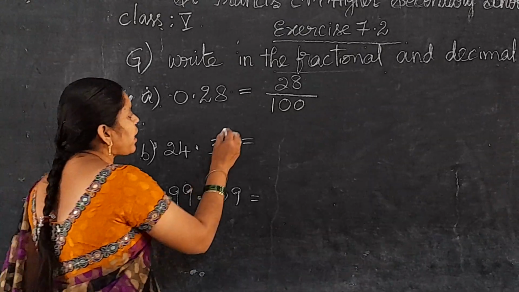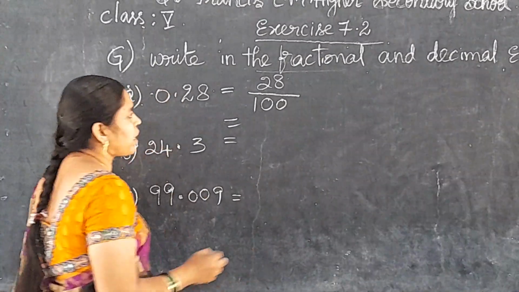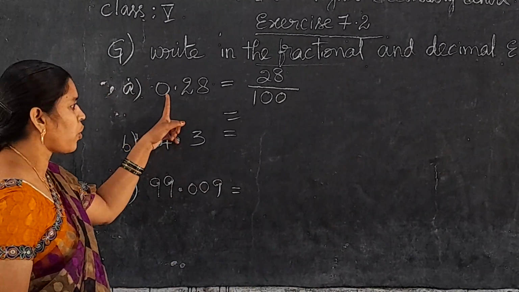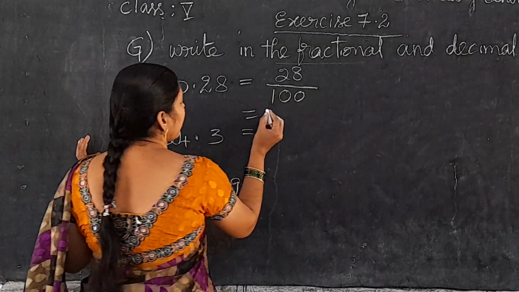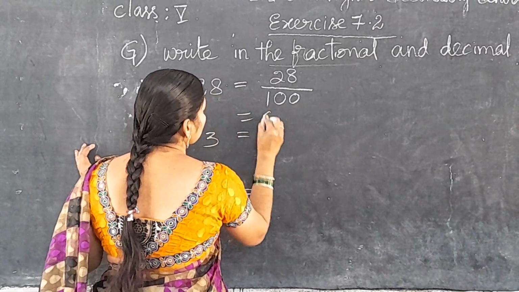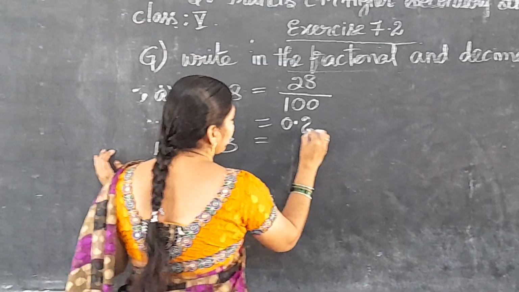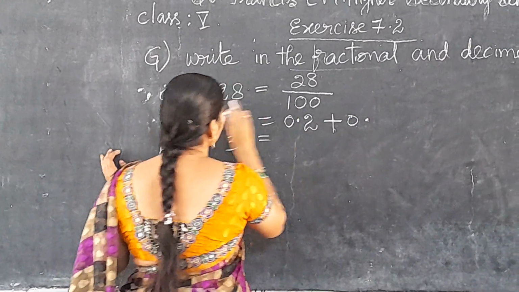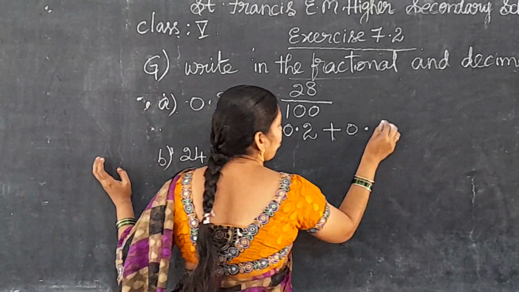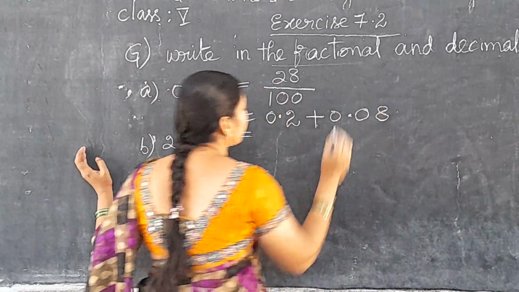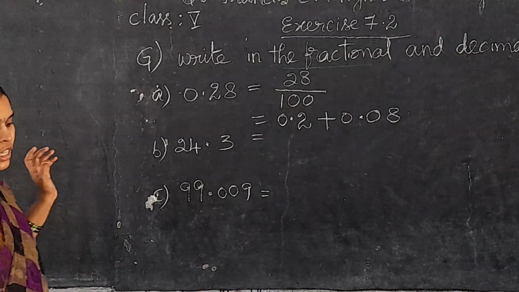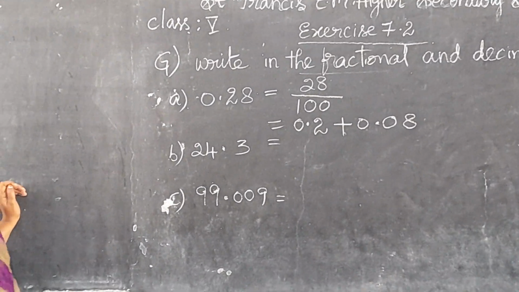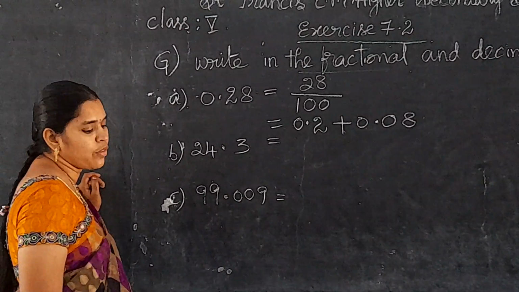And in the decimal expanded form, 0 no need to write. This one can be written as 0.2 plus 0.08. This is the decimal expanded form.